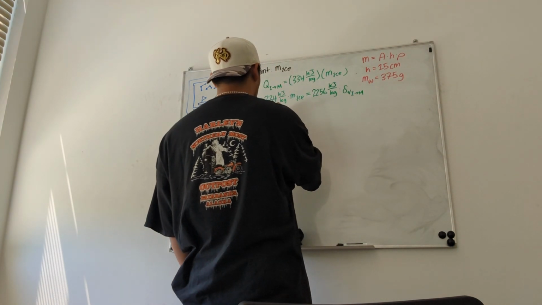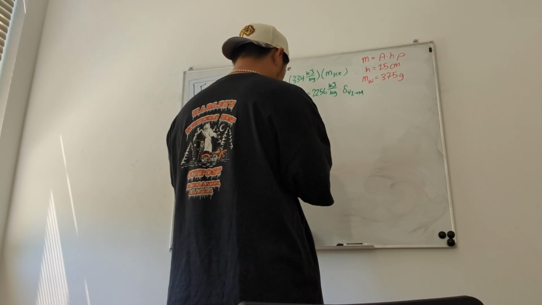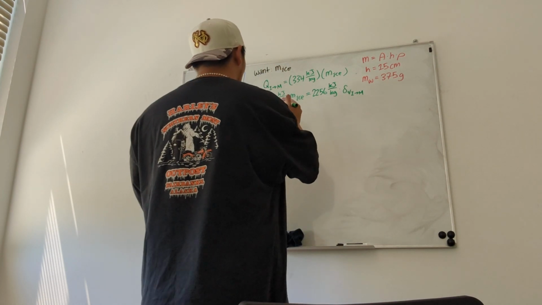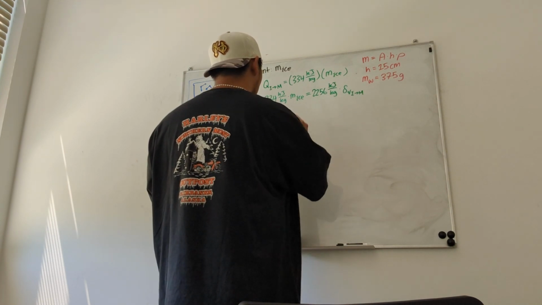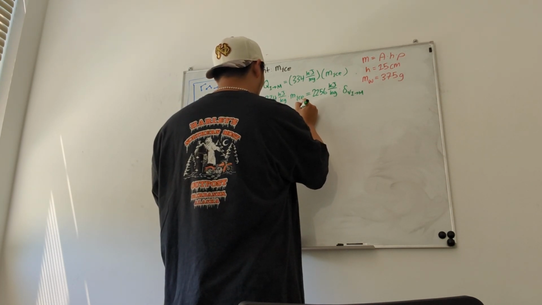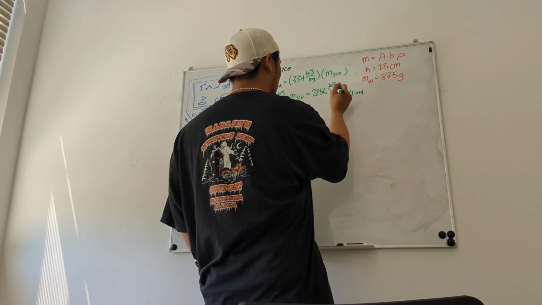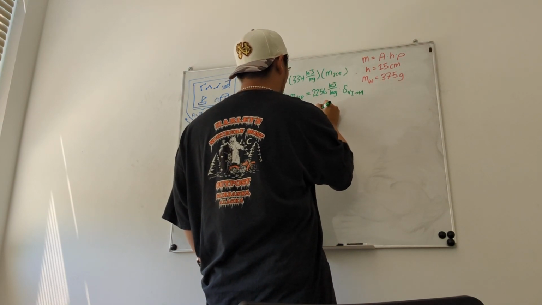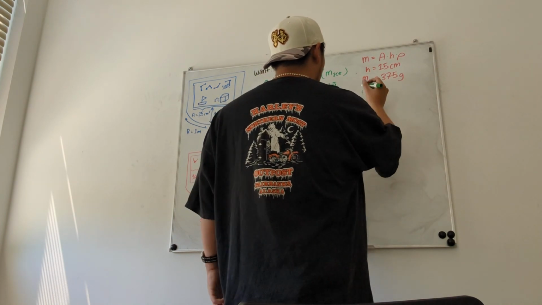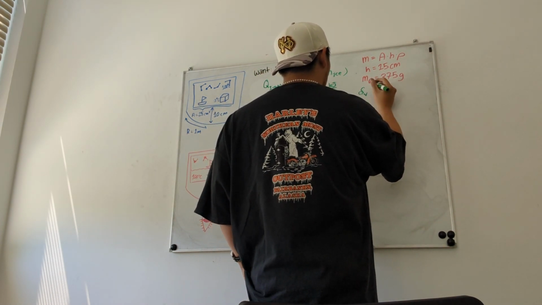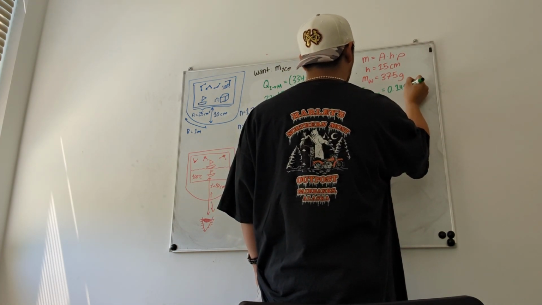And what we get is that value is equal to 0.148. The units cancel, and we just get 0.148 times the mass of ice. So let's save that: the mass of vapor from the initial to middle step is equal to 0.148 times whatever the mass of ice is.